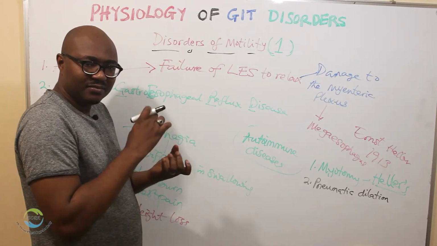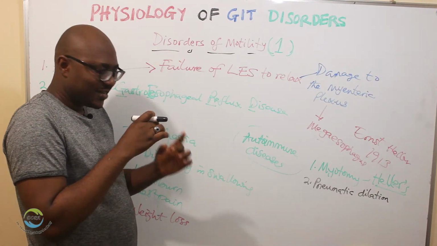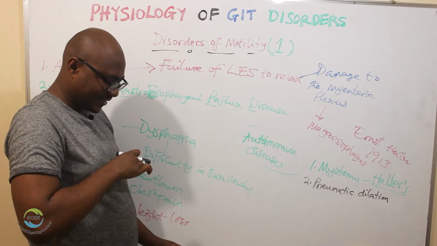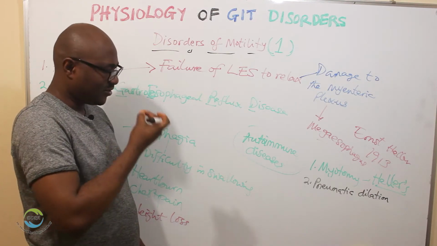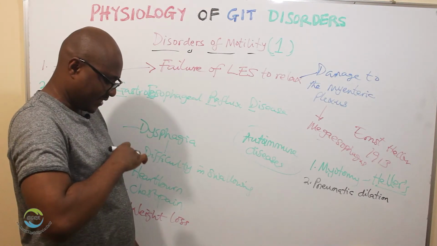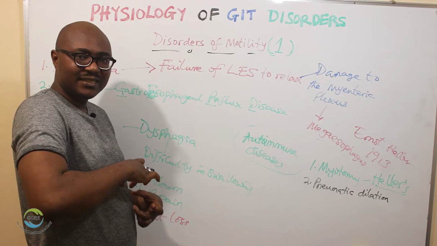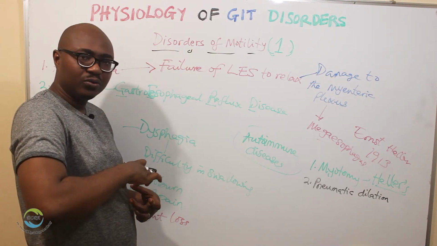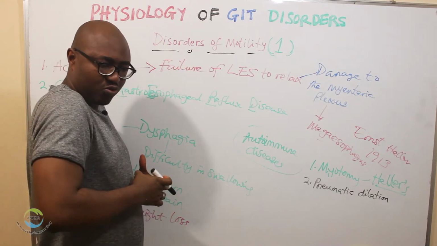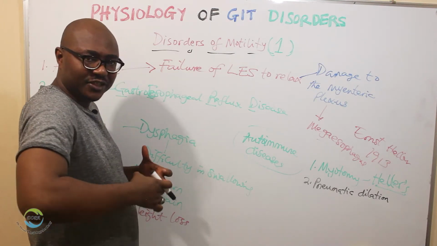There are special types of balloons that you insert. Okay, there's a procedure through endoscopy and all of that. You insert it into that region, and then you inflate the balloon to open up and stretch out that region.